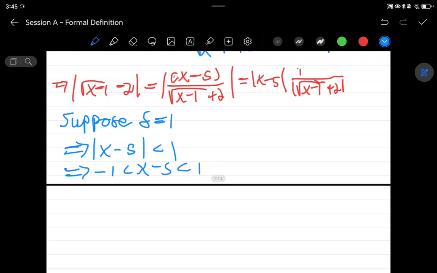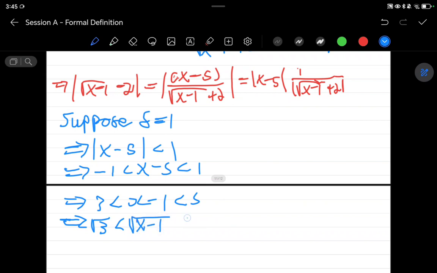And what we need inside the root is x minus 1, so we need to add 4 here. So we're going to get 3 less than x minus 1 less than 5. Then we need the root, right? We need to put the root on both sides. And then we need what? Plus 2.